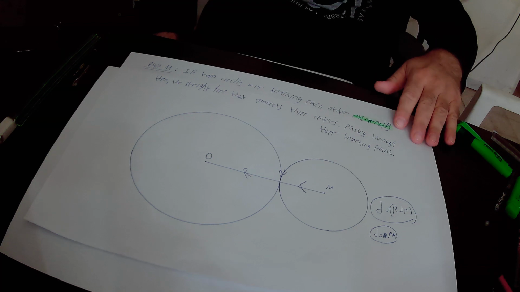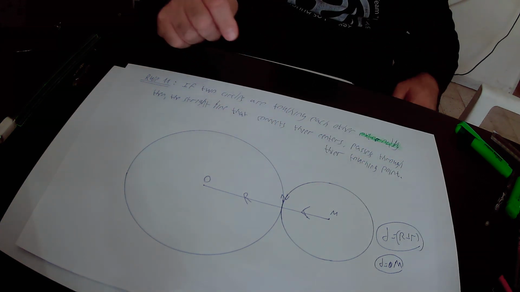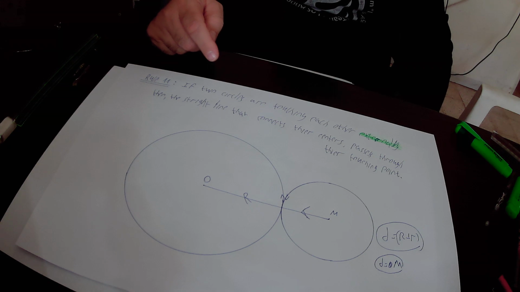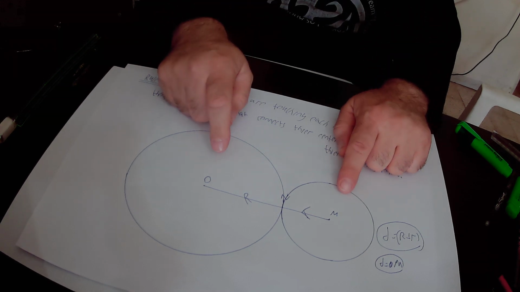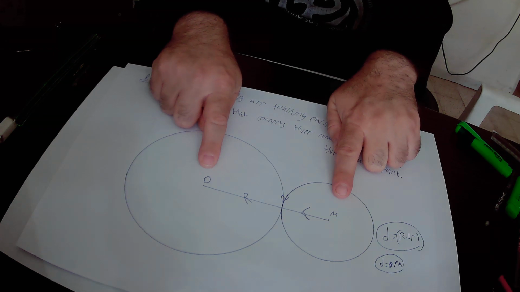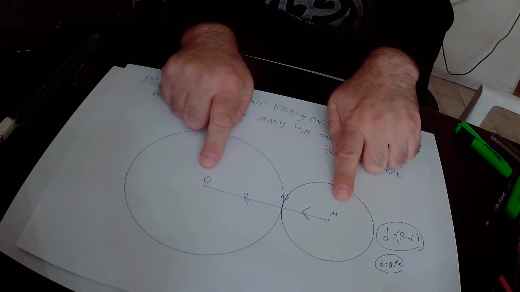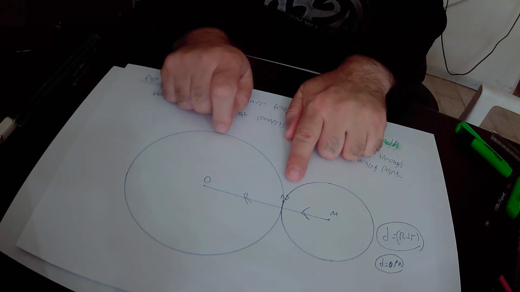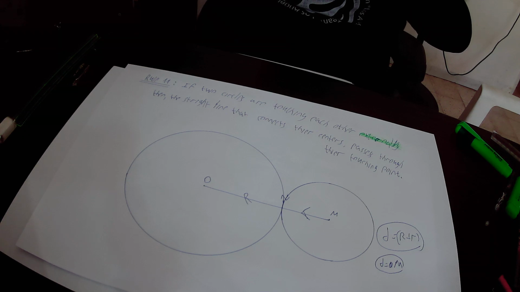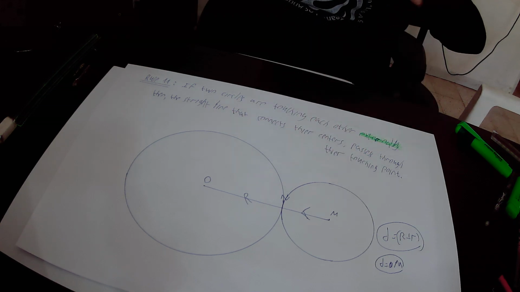According to rule number 11, if two circles are touching each other externally, like in this drawing, with the touching point at point N, then the straight line that connects their centers together, that is to say the straight line OM, where point O is the center of the big circle and point M is the center of this small circle, must pass through point N, their touching point.